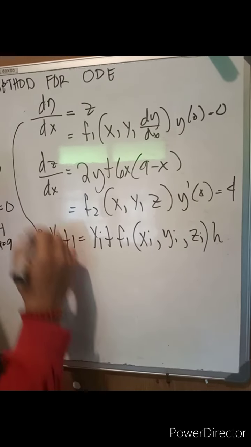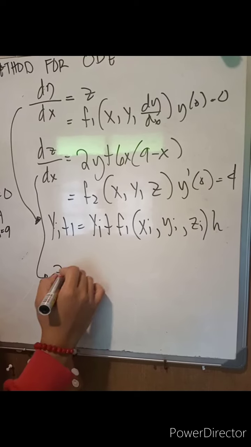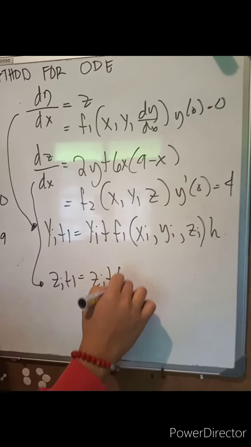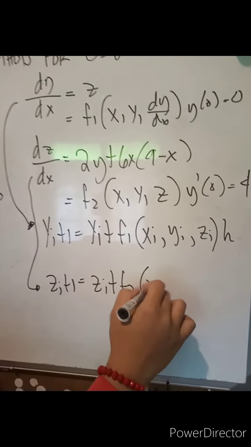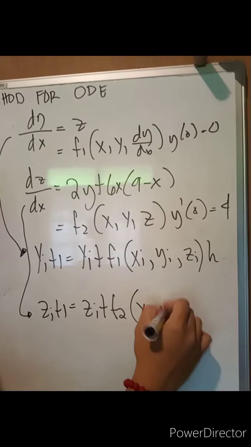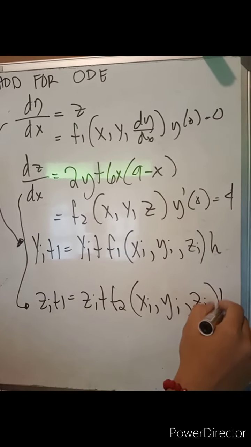Ganito rin sa pangalawa: zi plus 1 is equal to zi plus function ng 2 times (xi, yi, zi) times h.